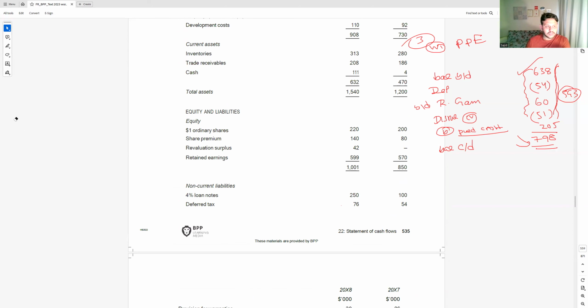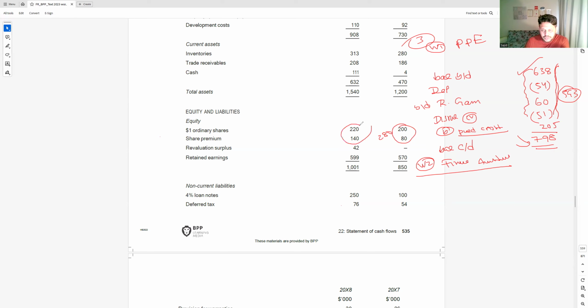Now the workings to this one, financing activities. First, looking at the share issue. We can do it together. 200 plus 80, so 280.